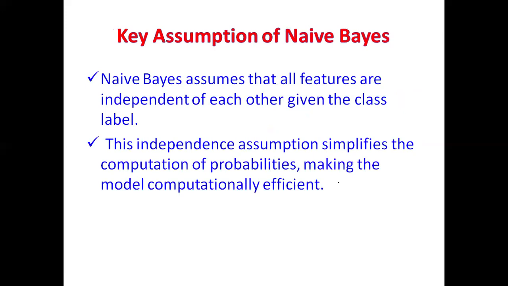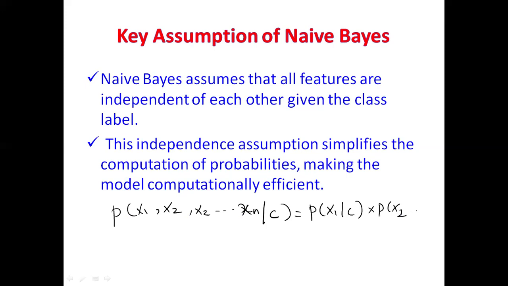Mathematically, say for example, if you want to calculate the probability of x1, x2, x3 up to xn given c, you can write it as probability of x1 given c into probability of x2 given c, etc. It will go like this.